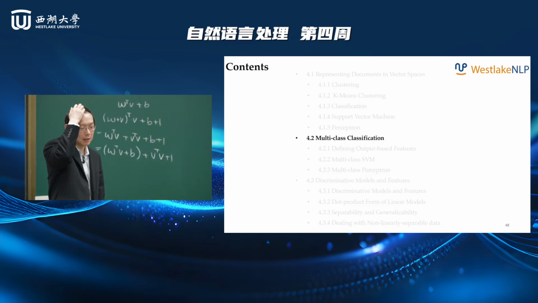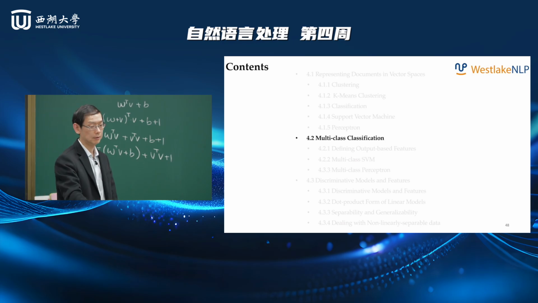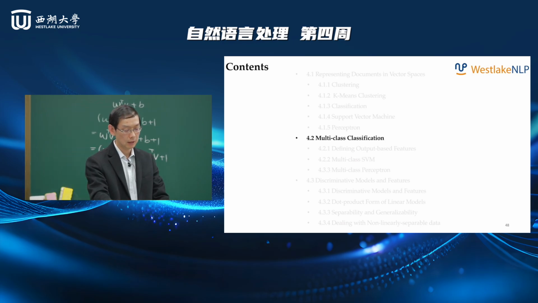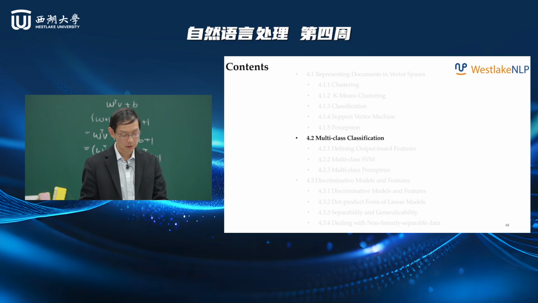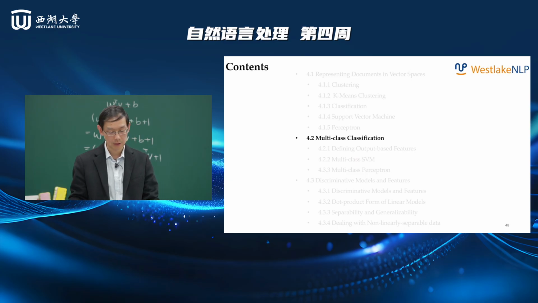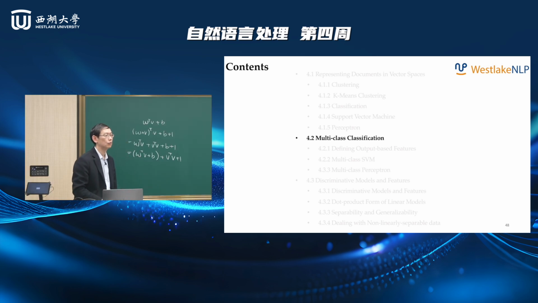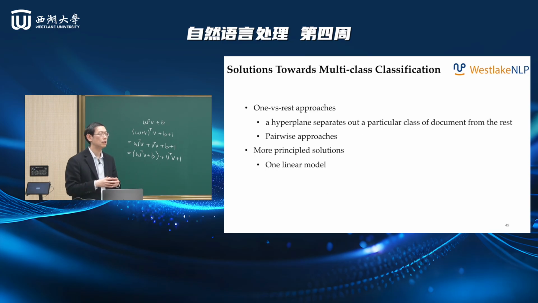But now let's move on to multi-class classification. In nature, the perceptron and the support vector machines are binary classifiers. So how do you make them do multi-class classification? Well, there are some ad hoc strategies. For example, you can train a lot of binary classifiers.